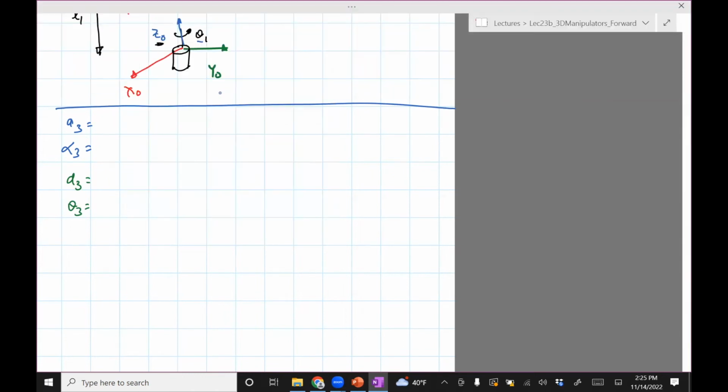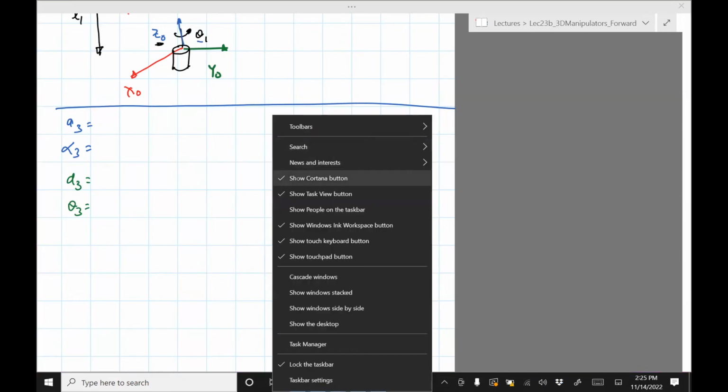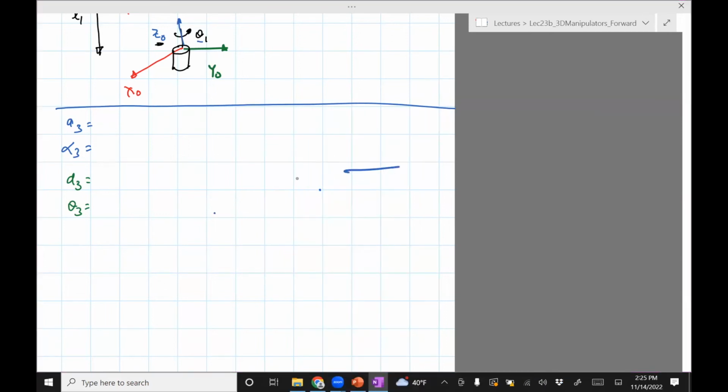Let's again use this convention I've used to figure this out. So let me draw what alpha i, or alpha 3, is.